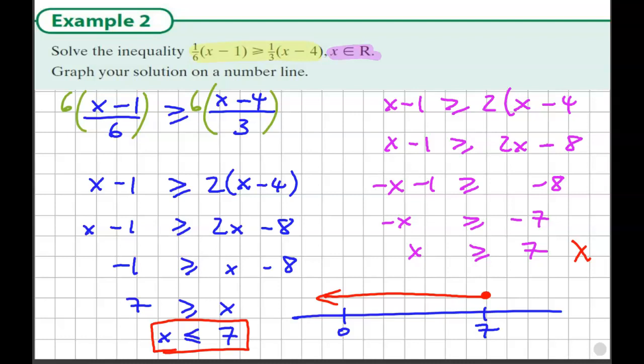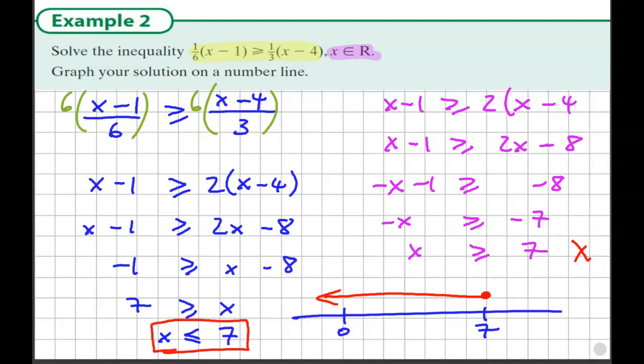So what has happened here? You should know from your Junior Certificate studies that you should not multiply or divide an inequality by minus 1. I did that, and that's the thing I shouldn't have done. I should not have multiplied both sides by minus 1.